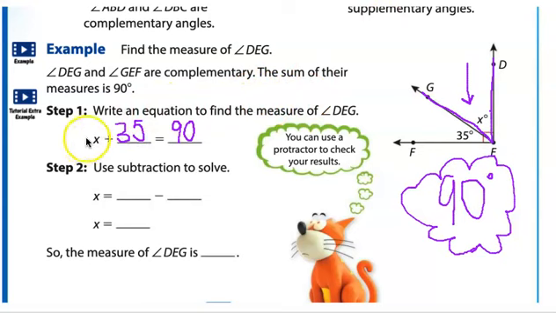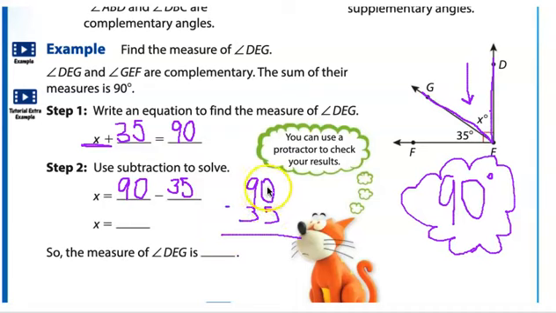We could either think of what plus 35 would give us 90, or we can do a subtraction problem. So x will equal 90 minus 35. Subtraction is always the easiest way to solve this. You're going to take the 90, the whole angle measure, and subtract what you already know. I'll write this over here, so I'll say 90 minus 35.